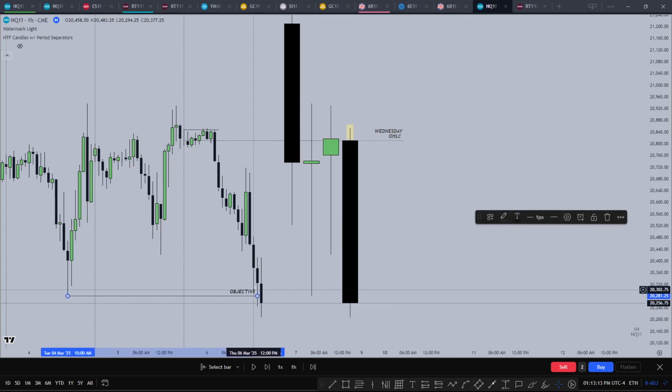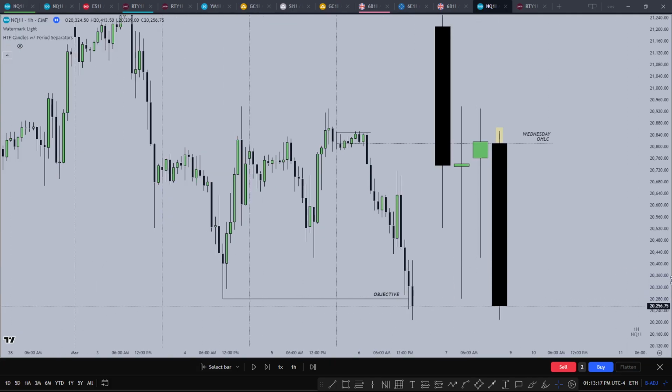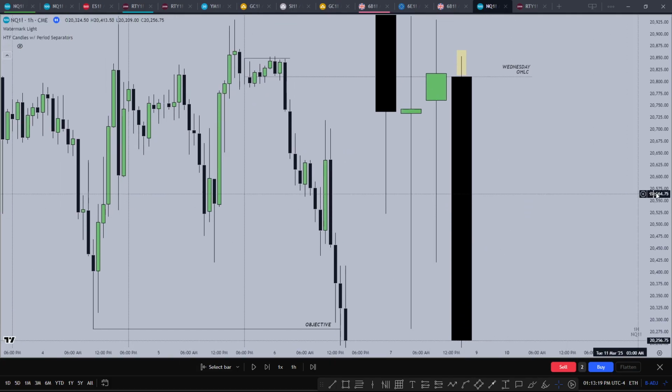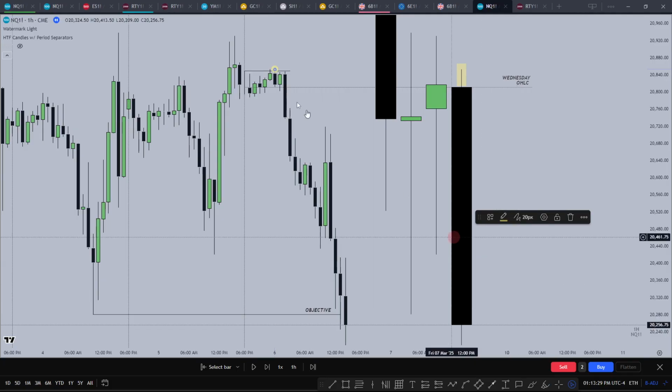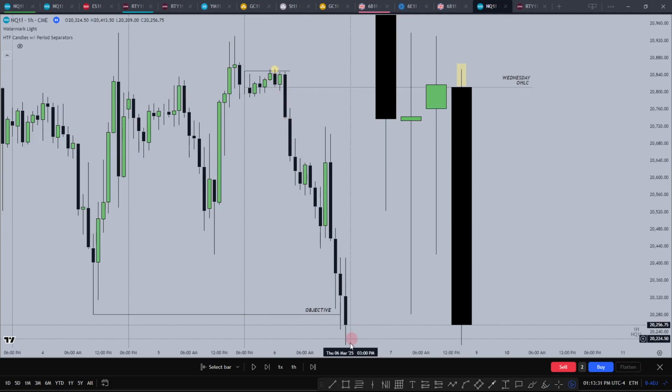And so it expands to the max or extreme objective, you can say. And while forming an established high, open high, it sweeps out the current high of the day and displaces away from it.